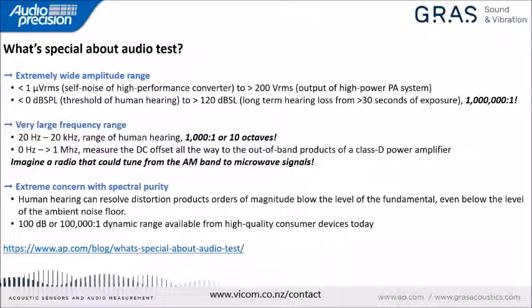And again, from a device perspective, high performance but not esoteric consumer devices these days are often in the range of 100 dB of dynamic range or residual distortion and noise. That's over 100,000 to 1 in terms of voltage range.